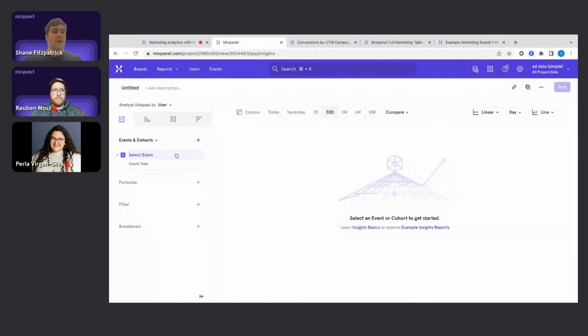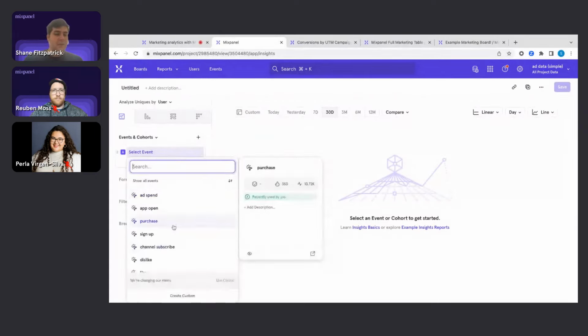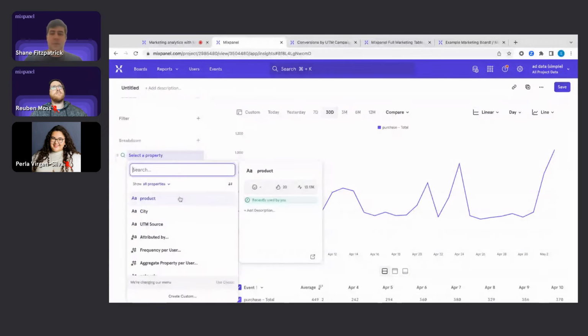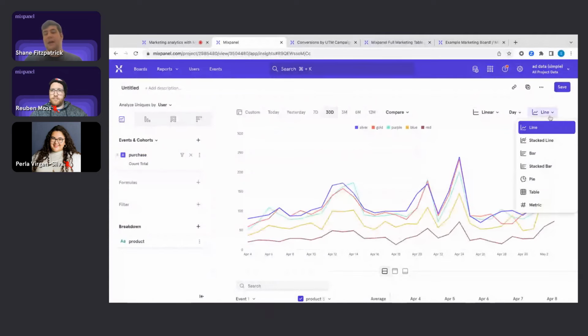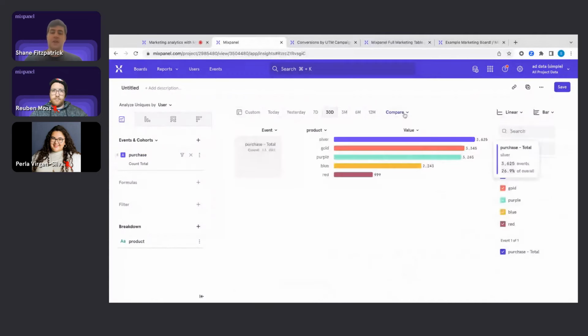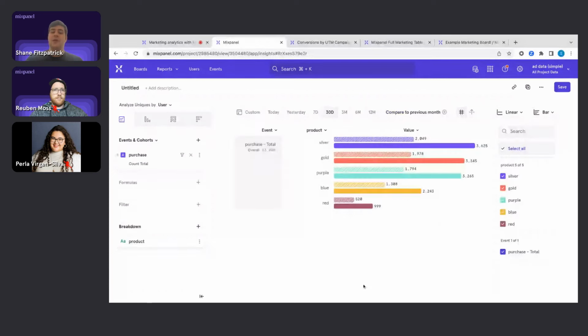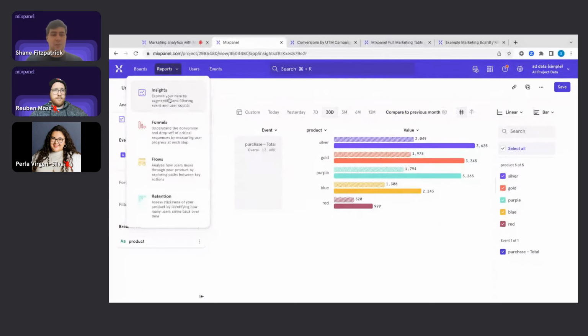So for example, I can go ahead and select data about my purchases, and I can quickly break down by what product people are purchasing. I can change the visualization, do comparisons to prior months, percentage overall, things of that nature, very quickly and easily here in the Insights report.